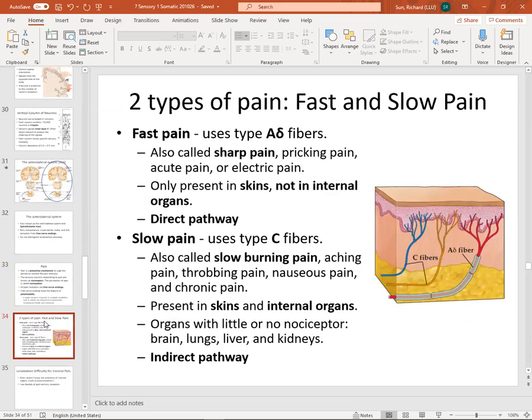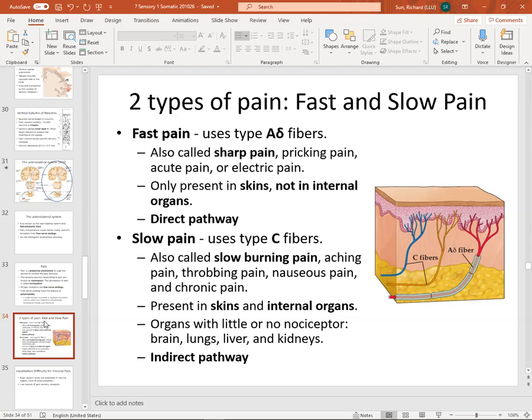So there are two types of pain receptor, A delta and type C. As you can see, they use different types of fiber.